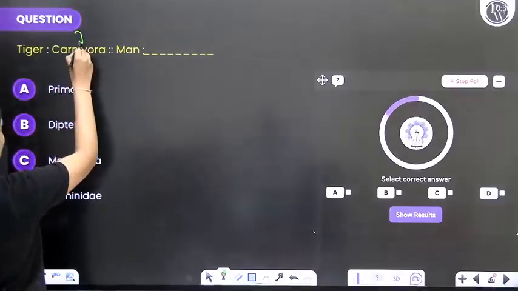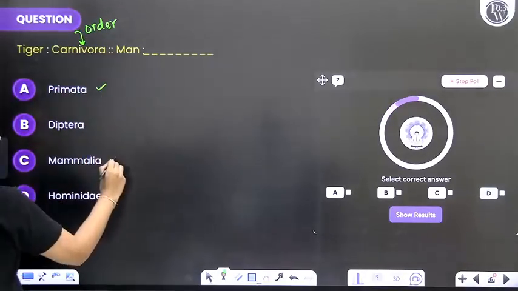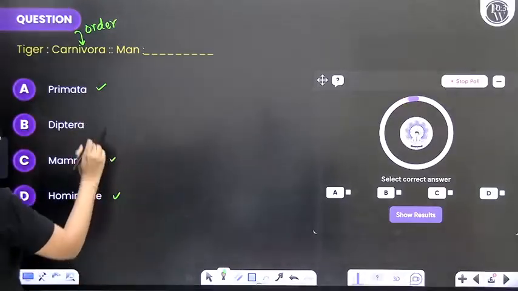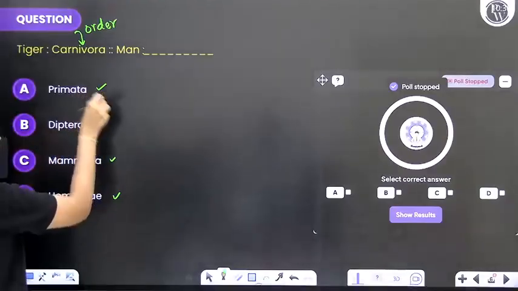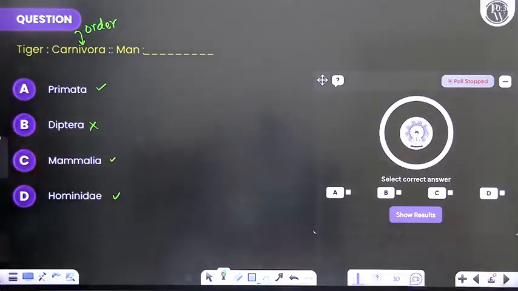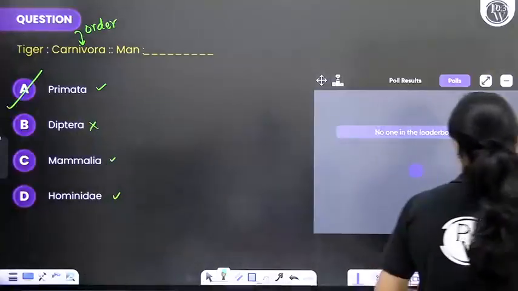Carnivora is the order. Primata, Mammalia, Hominidae, all of that you would have learnt about in classification of man. Diptera is for housefly, this you can eliminate. Among these, which is the order is what you have to identify. Mammalia is class, Hominidae is family, Primata is the order. So option A is the correct answer.